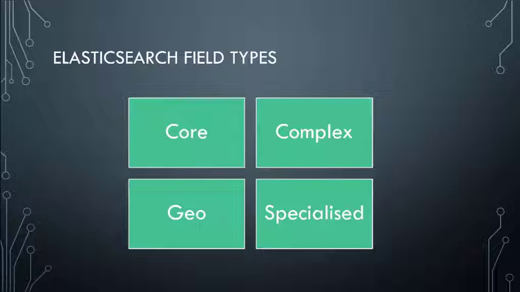Just like any traditional RDBMS or database manager, ElasticSearch has different data types available for our fields to use. This changes how we store our information and how we retrieve it later on.